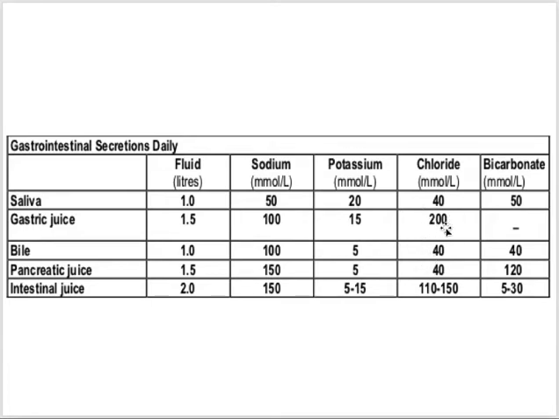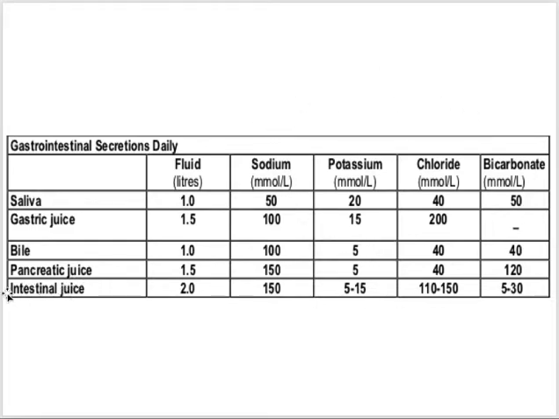And that's why anyone who is vomiting repeatedly has hypokalemia and hypochloremia. Their chloride levels go down. And bicarbonate, if you see over here, pancreatic juice produces a lot.